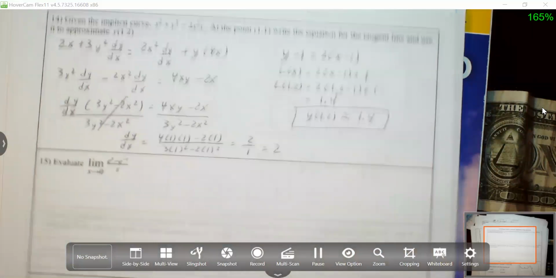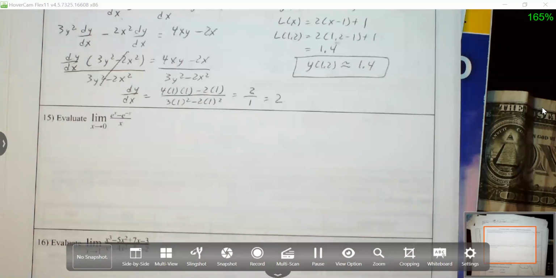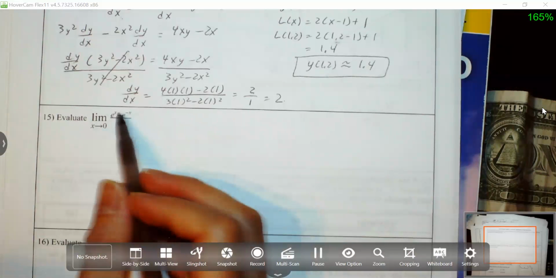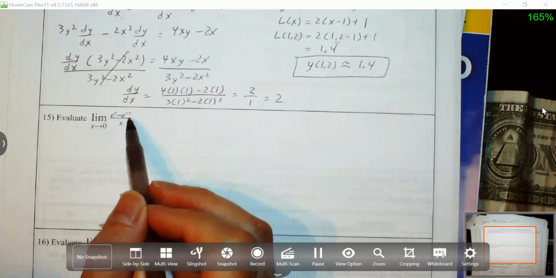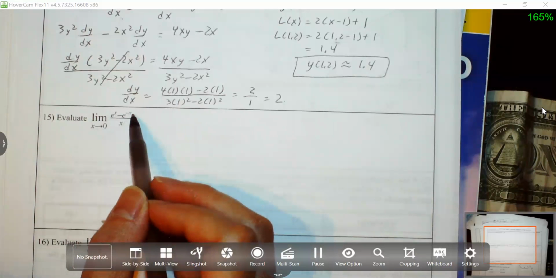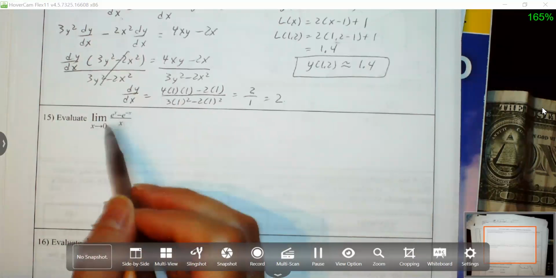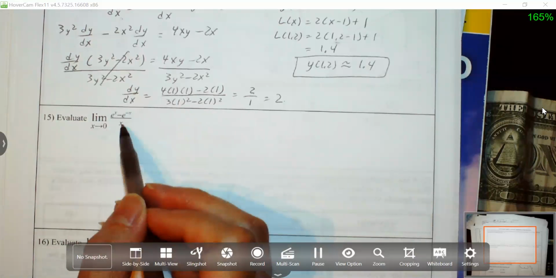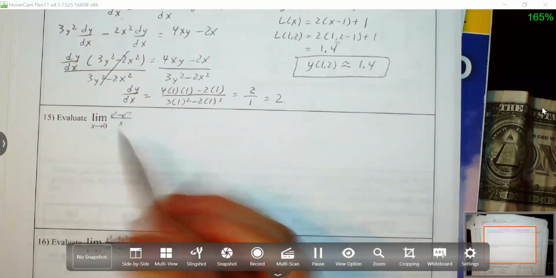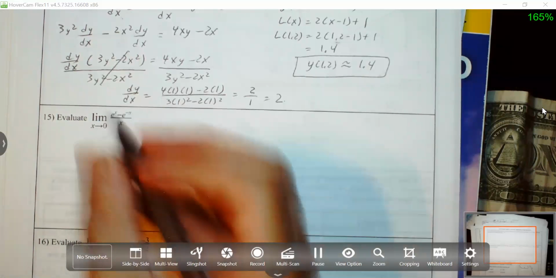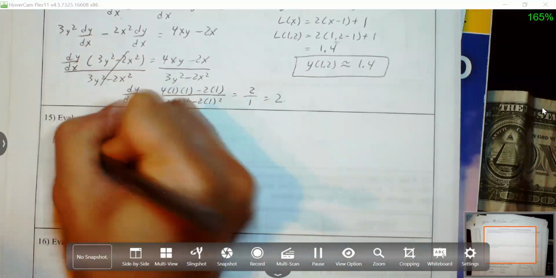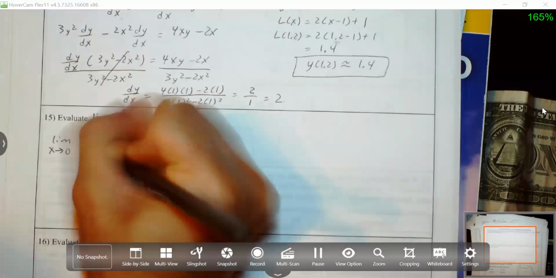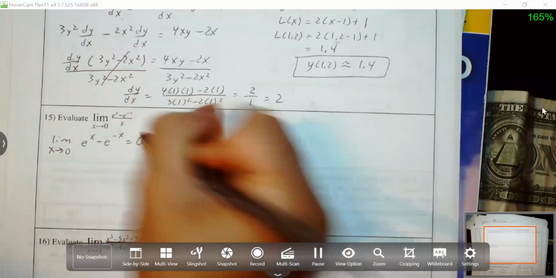Okay, 15. I'm evaluating this limit, so this is L'Hopital's rule. If I plug in 0 here, e to the 0 is 1. e to the negative 0 is also 1, so the top is 1 minus 1. And so it's 0 on top, and then it's 0 on the bottom. Cool. So I know that the limit as x approaches 0 of e to the x minus e to the negative x is equal to 0.